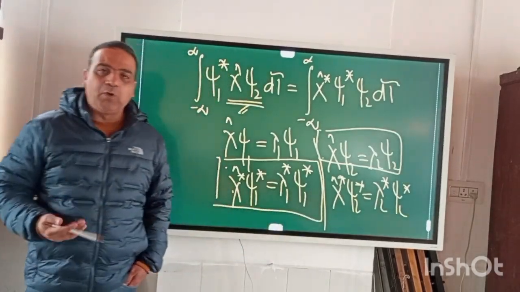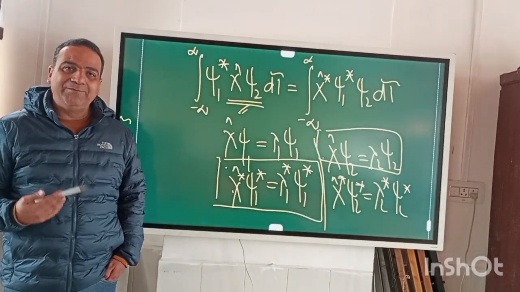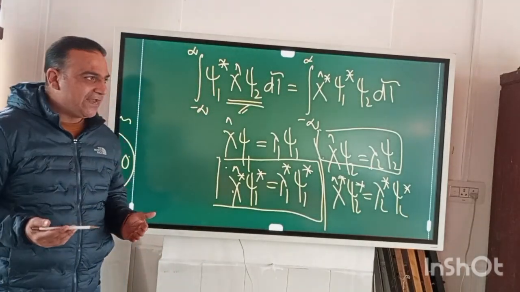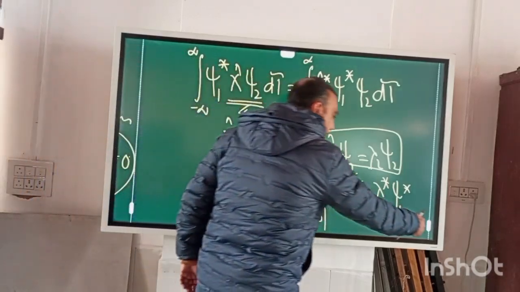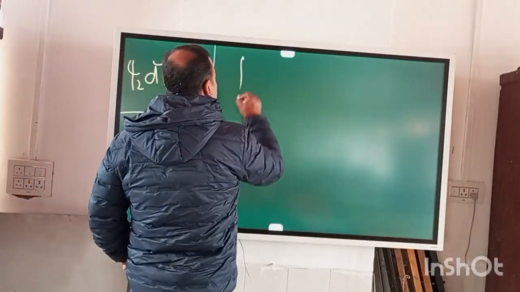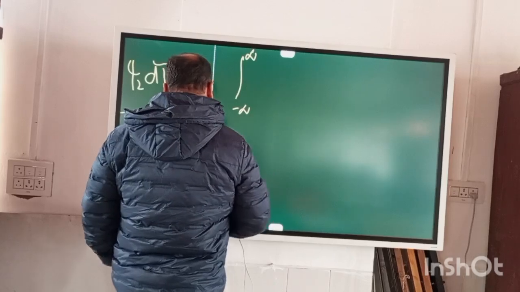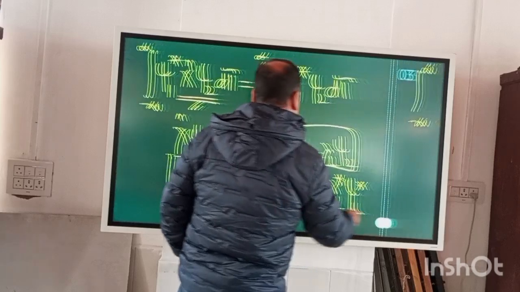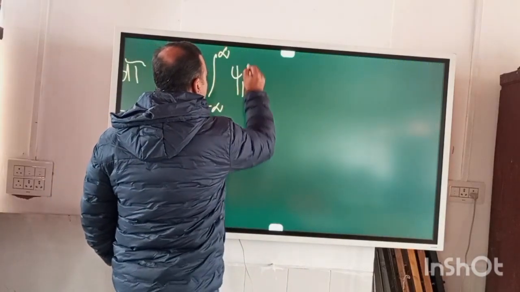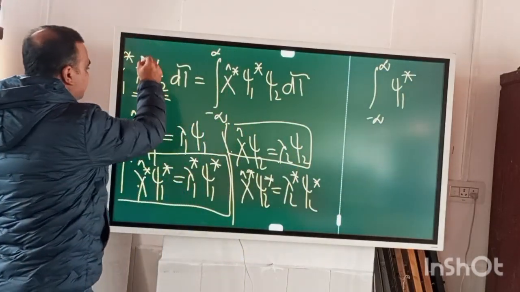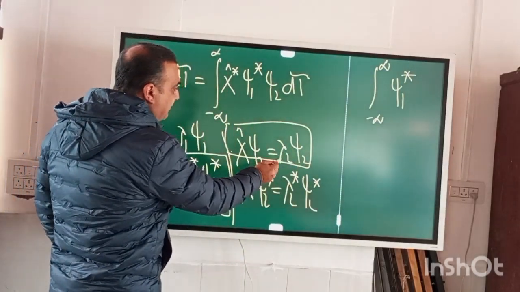The motivation is that I have to obtain mathematically the orthogonality condition when we have two wave functions and the operator operating on them is a Hermitian operator. So I'll have the integral from minus infinity to infinity of psi 1 star, then x cap psi 2, which is lambda 2 psi 2, d tau.